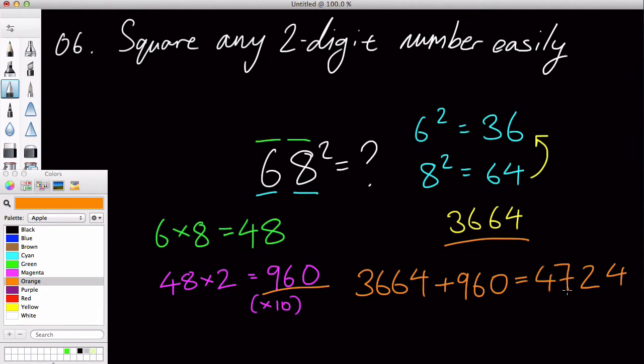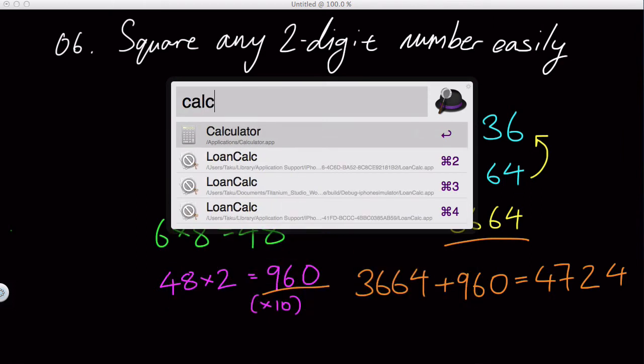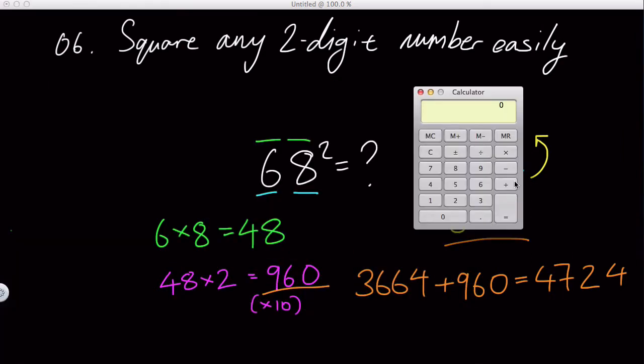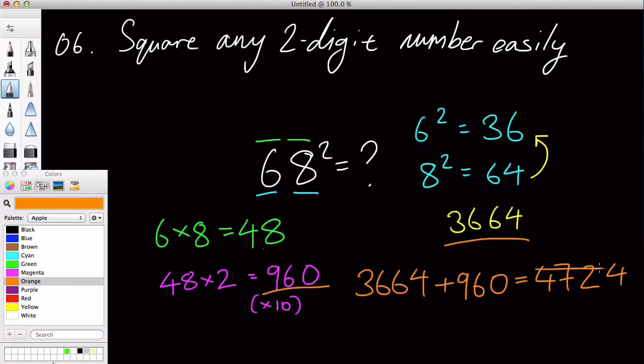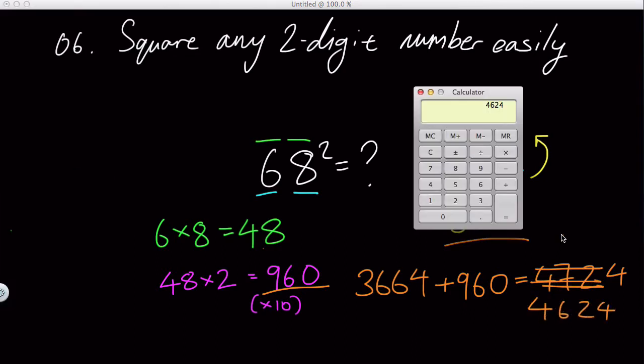Let's double check. Let me get my calculator out, because I'm not too confident with my adding and I make silly mistakes. Oops, I made a silly mistake. 3664 plus 960 equals 4624.